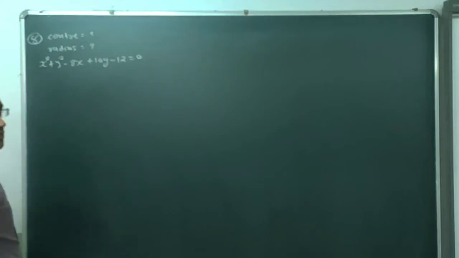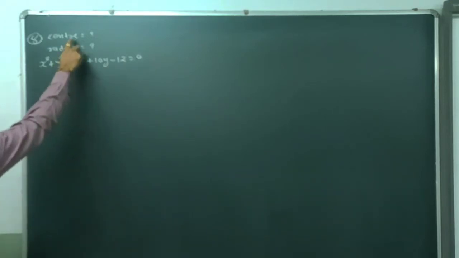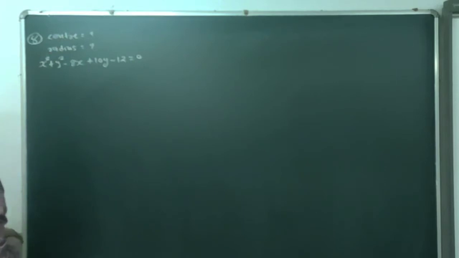Done? So this is the equation of the circle, in the general form. Now we have to derive the coordinates of the center as well as the radius.